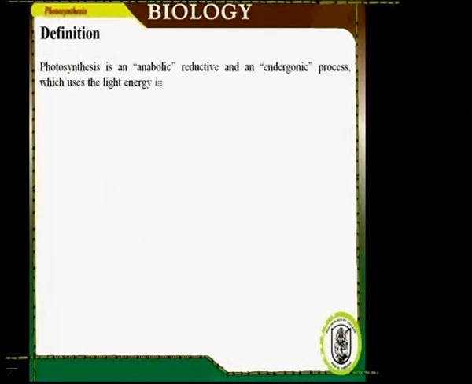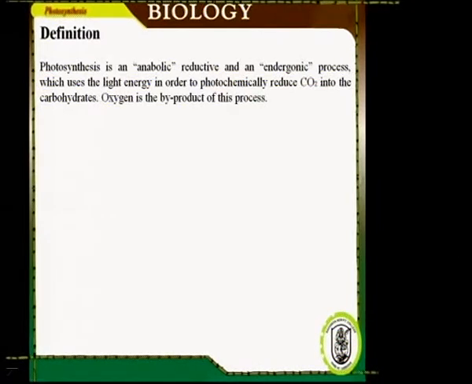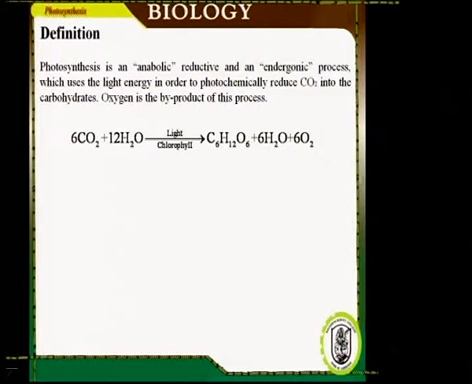Photosynthesis is an anabolic, reductive and endergonic process which uses the light energy in order to photochemically reduce CO2 into carbohydrate, and oxygen is a byproduct of this process. And the overall equation of photosynthesis is 6CO2 plus 12H2O, light plus chlorophyll gives you carbohydrate, water, and oxygen is evolved.